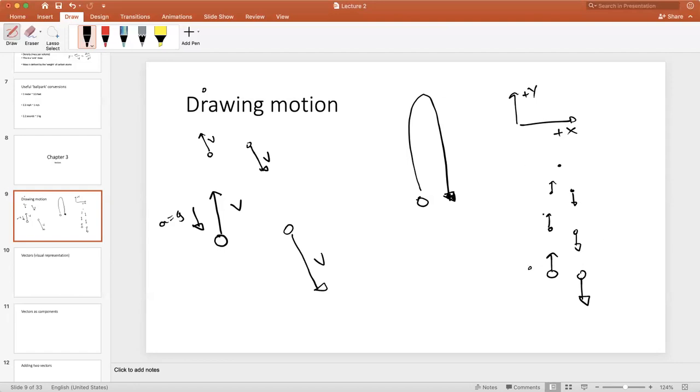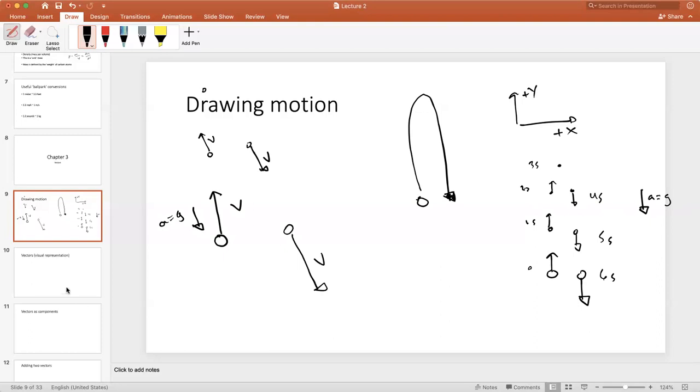So that could be time 0, time 1 second, time 2 seconds, time 3 seconds, 4 seconds, 5 seconds, 6 seconds. The entire time is going to have an acceleration in the negative y direction of g. And then I can turn this picture into a math equation using these vectors.